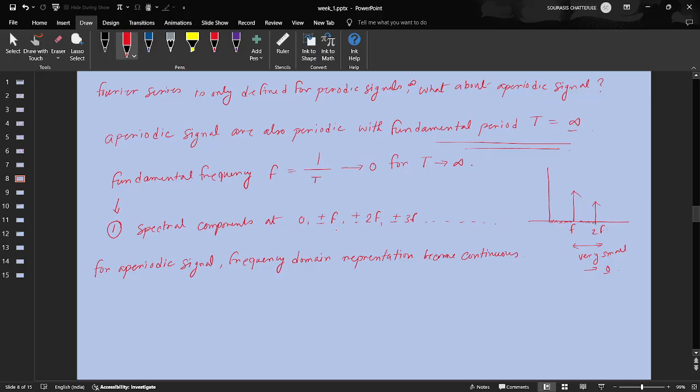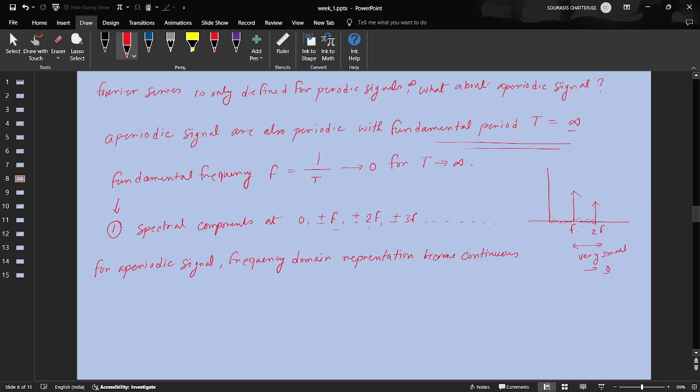Because there is an infinitesimal gap between plus f and plus 2f. It's only a gap of f, which itself goes to 0. That means the representation is no more discrete. As you can see here, this gap reduces, and at some point there is virtually no difference between them. So for an aperiodic signal, the frequency domain representation doesn't remain discrete in frequency as observed for a periodic signal.